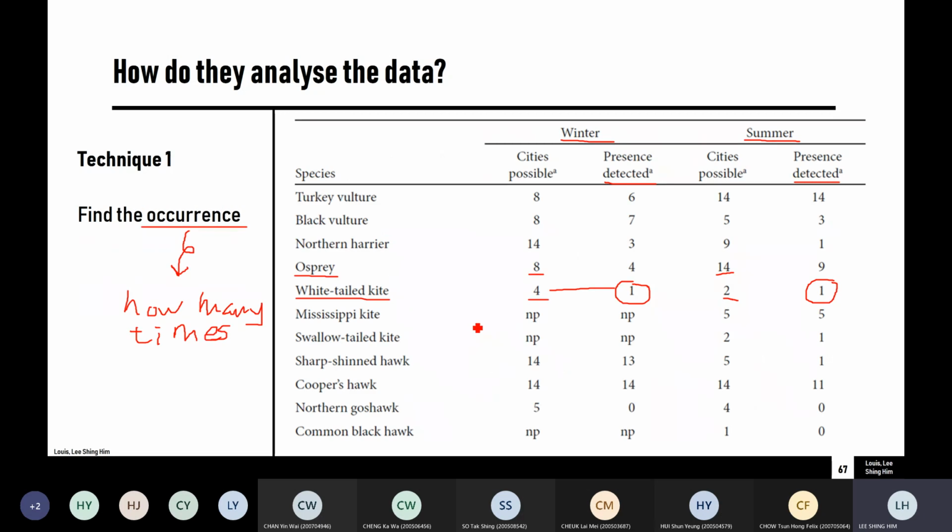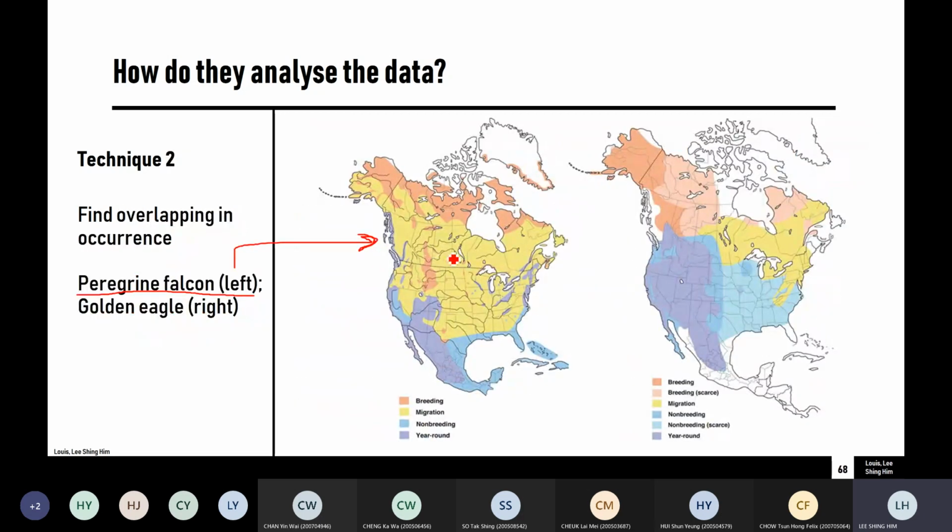So 有冇游隼咧呢度？呢度冇寫啊。 So let's say you can find the migration falcons in this yellow color area. When the falcon migrate, they will pass this area.